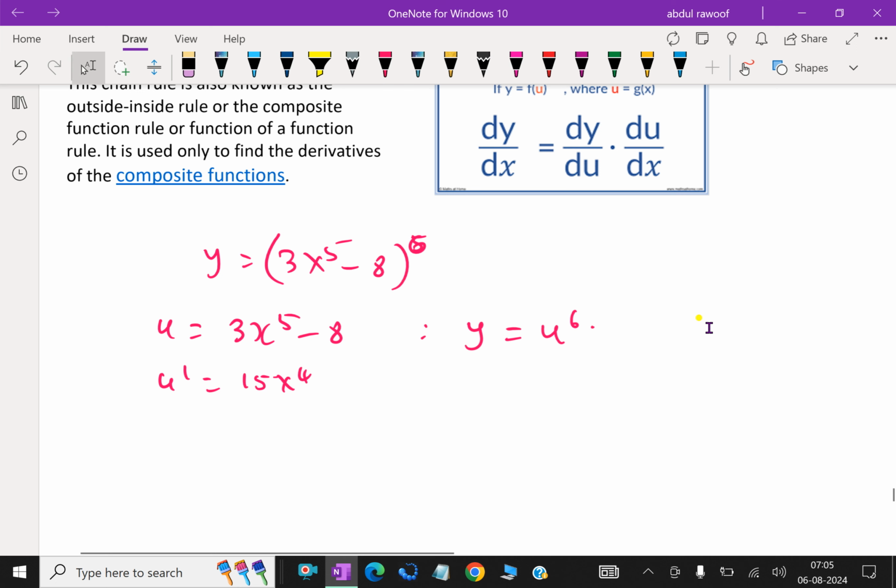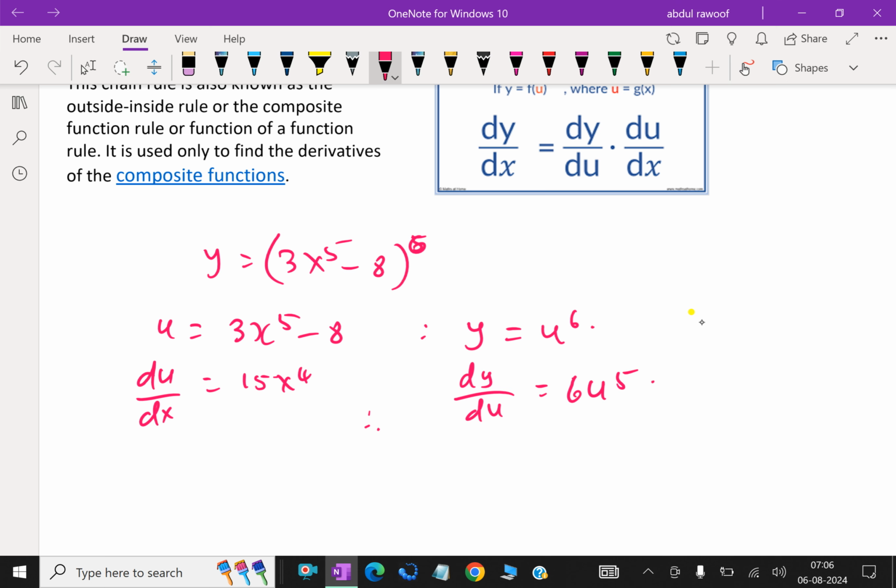Here y is u power 6. Then dy by dx, therefore you can say, before that, you can find dy over du. Here, instead of u dash, we can write this as the differentiation of u with respect to x, du by dx. dy by du is 6u power 5.